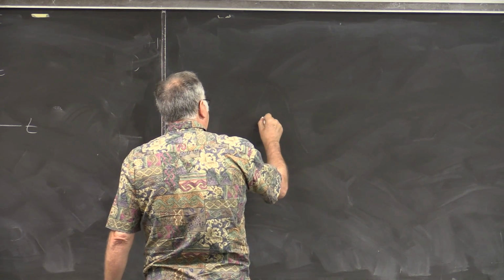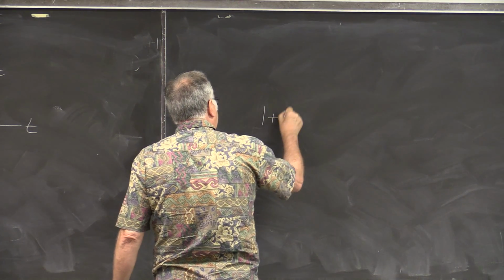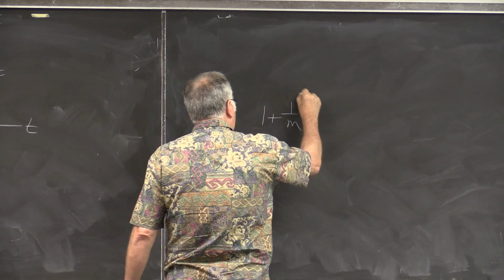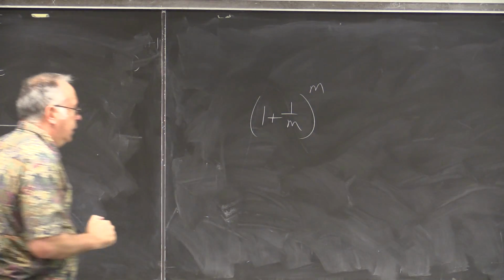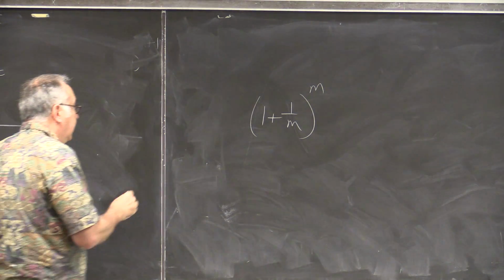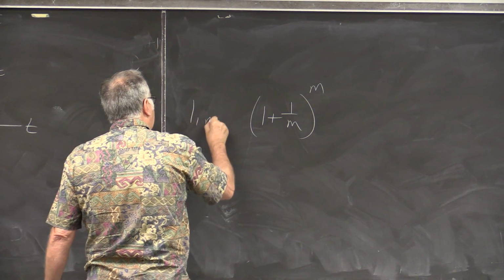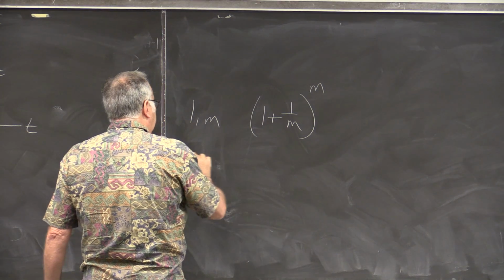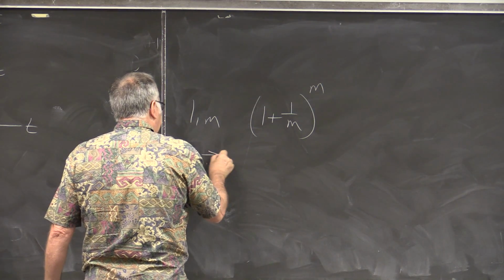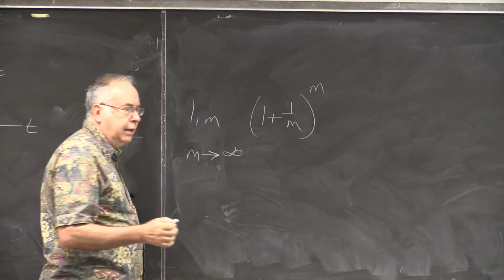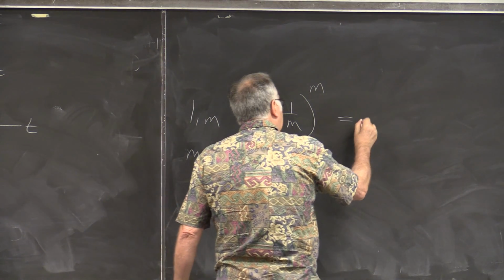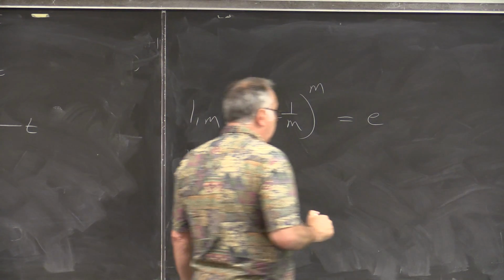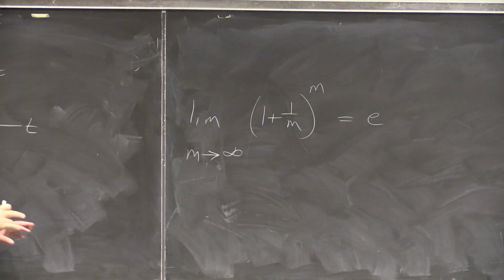If you take 1 plus 1 over m, you raise this to the mth power, and you take the limit of this as m goes to infinity, that is E. So if you like, you could use this formula to calculate E to any desired degree of accuracy.